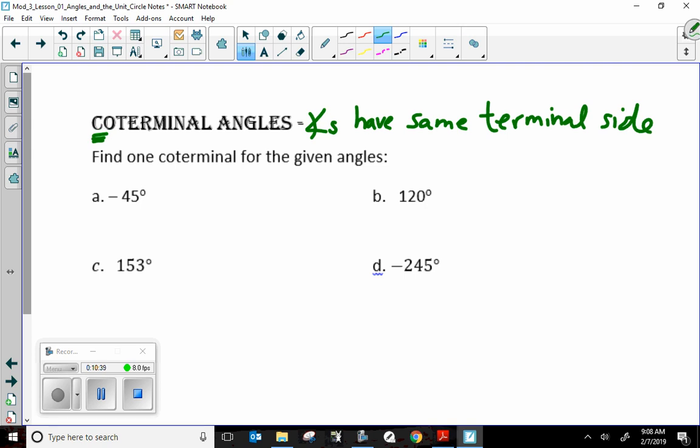All right, so let's look at A. If I drew an axis and went negative 45 degrees, here's 0, moving down 45. This is negative 45 degrees that way. So give me another angle that ends at that terminal side.